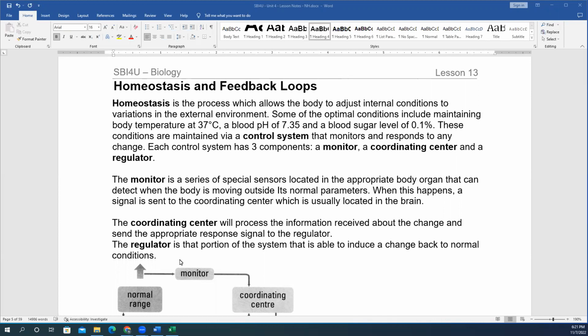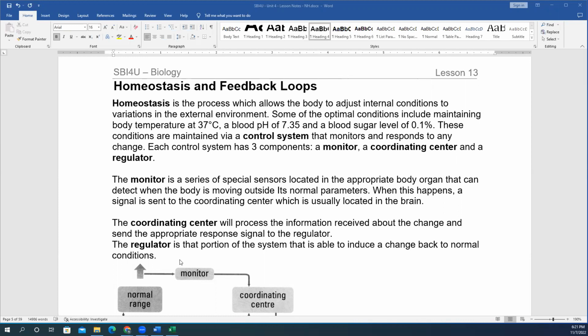These are examples of some of the conditions that are maintained through control systems that monitor and respond to changes in the environment. And typically, each control system has three main components.